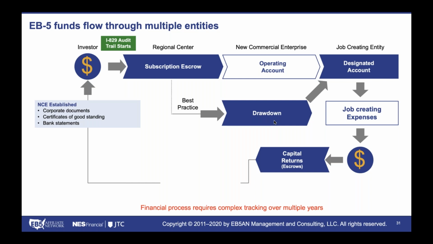And so it starts with subscription escrow. Money typically flows into an escrow account, which is really an aggregation account for the limited partners' subscription funds. And as Mike pointed out, it's very important to track subscription funds separately from administration funds. So there's some complexity there. The escrow can also be very complicated because there are very few banks in the United States that want to do EB5 escrows.